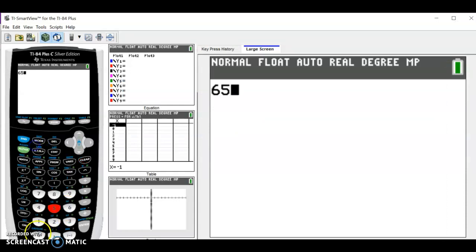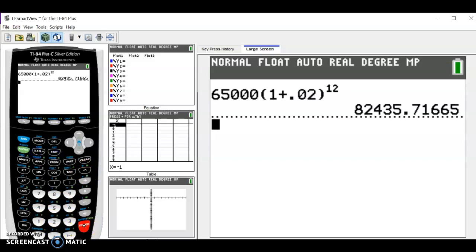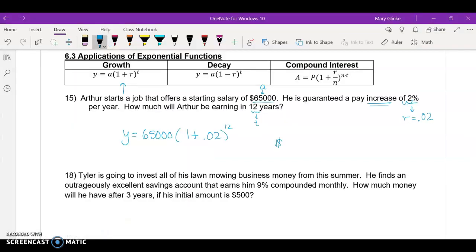You write 65,000 and then parentheses 1 plus 0.02, and then you're going to do the caret key. It's looking like that little arrow up key. That's your exponent to the 12th power. So we get this number, and we're going to round it to the nearest penny. So it's $82,435.72.